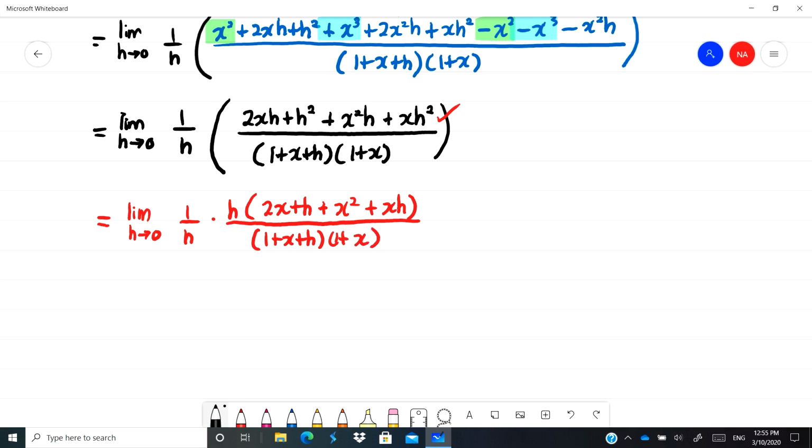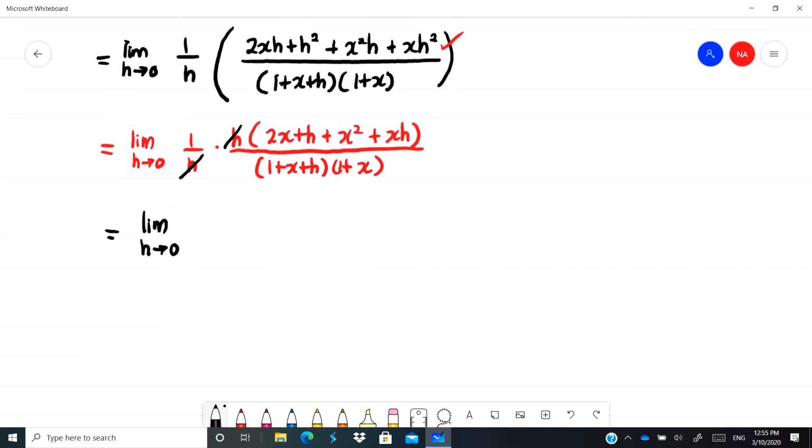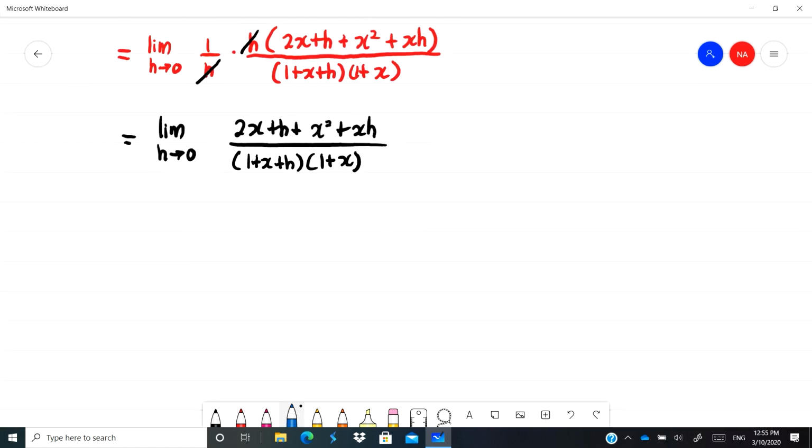So I can cancel this h here, so we'll have limit as h approaching 0 of 2x plus h plus x squared plus xh, the whole thing over 1 plus x, 1 plus x plus h, 1 plus x. Next step, I'm going to substitute the value of h with 0, so this part will become 0, this part will become 0, and this part will become 0.